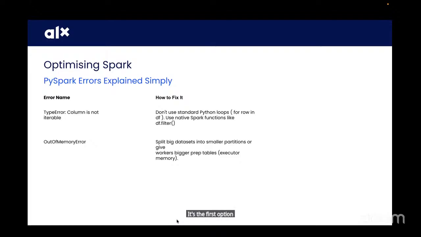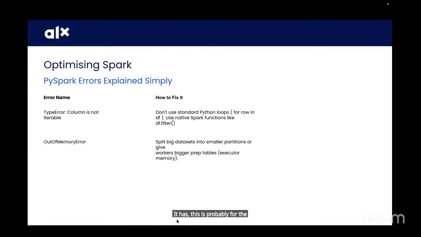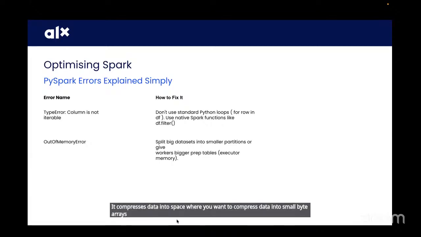It fits in RAM and spills excess safely to the disk. And then the third level, we have the memory and disk serialized, or volume packed. It's possible for your disk to overflow, and it compresses data into small byte arrays to save RAM space.